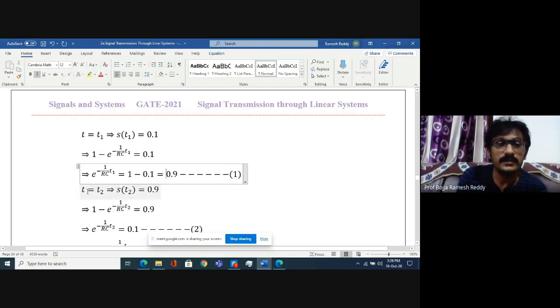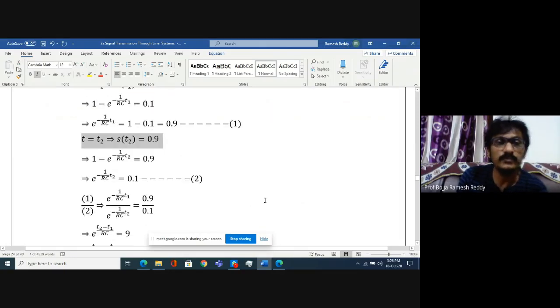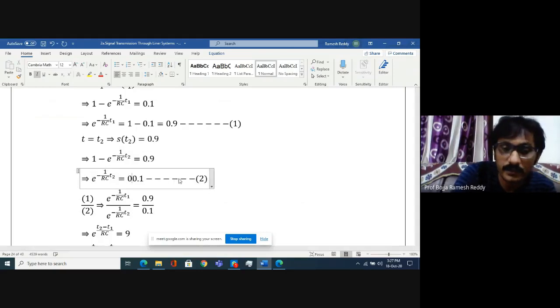Similarly, at t equal to T2, S of T2 corresponds to 90%, 0.9. Then that is 1 minus e power minus 1 by RC T2 is equal to 0.9, minus 0.1.